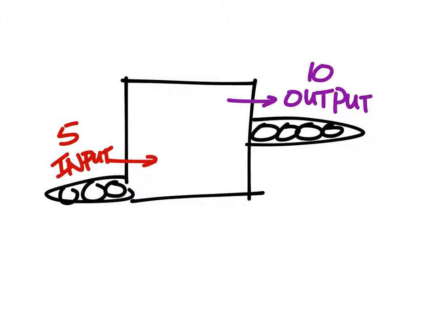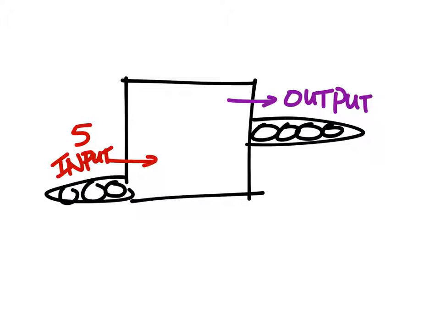Now, if this machine is functioning, every time I put in 5, I need to get out 10. And then I know it is functioning. So, the next time I come to this machine, I put in a 5. And if it's functioning, I should know what comes out, because the last time I put in 5, a 10 came out. So, a 10 will come out. And then I know it's functioning, or in other words, this is a function.